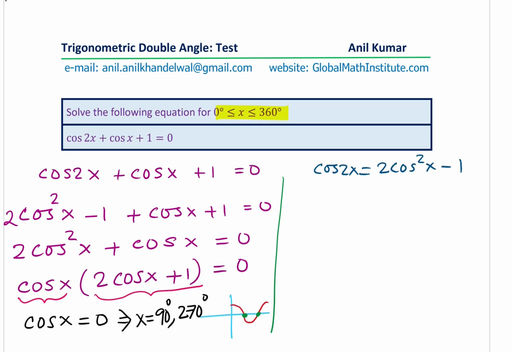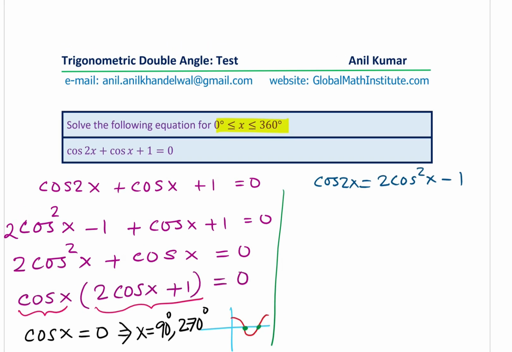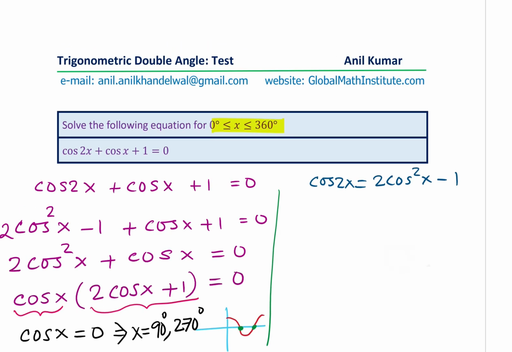And now the other one is 2 cos x plus 1 equals 0. That means cos x equals minus half. Now, cos x is minus half means we are interested in finding solutions which will lie in quadrant 2 and 3. Use the cos rule, correct?